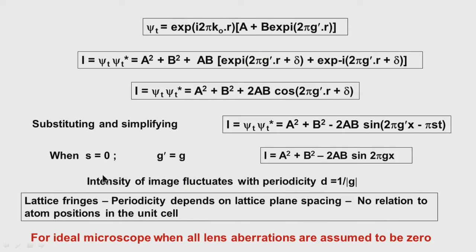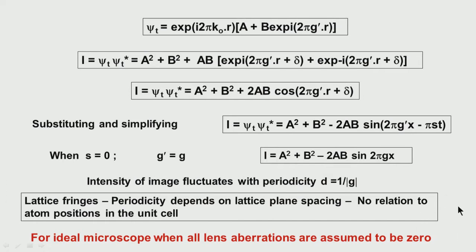So, the intensity fluctuates with the periodicity d, which is the d spacing, and this is equal to 1 by modulus of g. This is the expression we derived for the interference of these two beams. This gives rise to intensity, so the intensity is fluctuating. That is what we can make out.